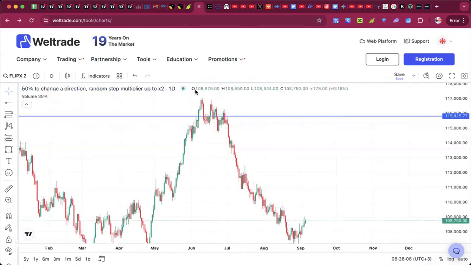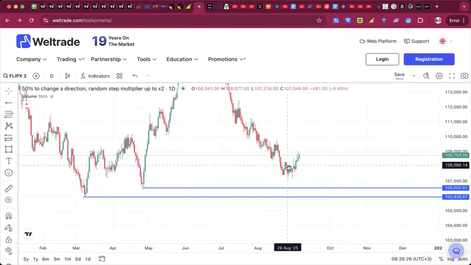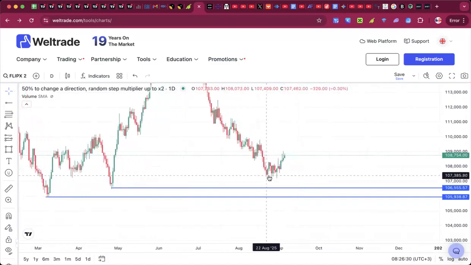So you have a high, a low, a high, a low, a high, a low, a high, a low, a high, a low, a high, a low, a high. So we now have a kind of pattern being formed here.